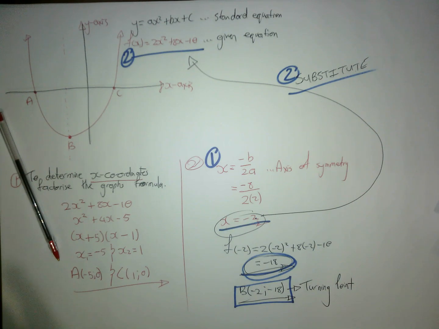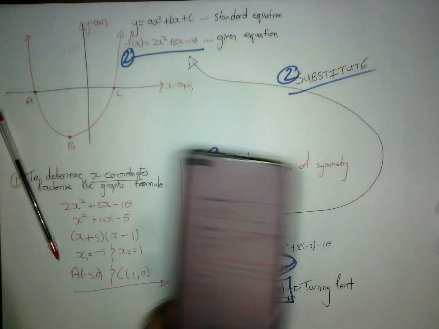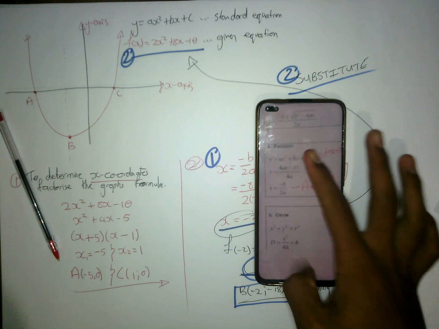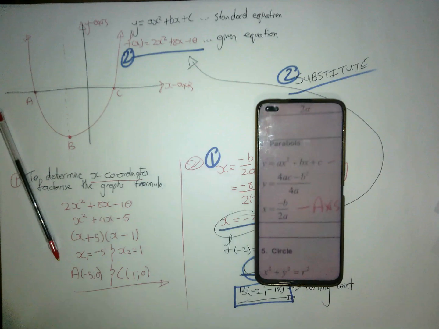But if you look in the group, I did send pictures of the formula sheet, and it's in there for parabola. They gave a nice one. I don't know if they're going to give you the same one for the test, but it's nicely put there for parabola. Let me try and show you. Over here, if you look in the group, there it says parabola. There's a formula over there.